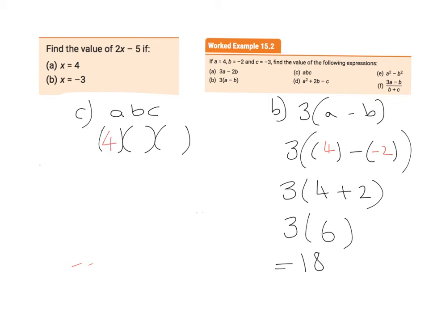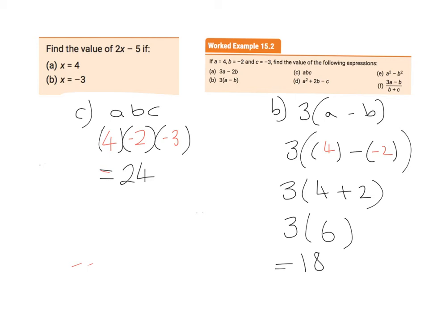In the second bracket, what B is equal to. And in the third bracket, what C is equal to. And all I'm doing there is multiplying 4 by -2, and then multiplying the answer by -3. And when you do that, you're going to end up getting 24. Okay, the minuses cancel out to give you a plus.